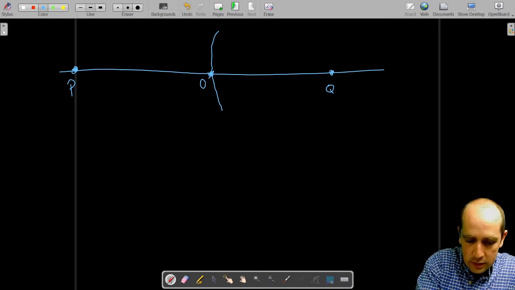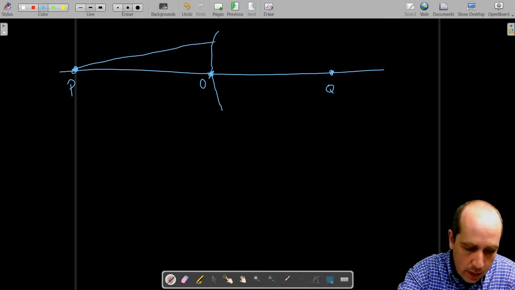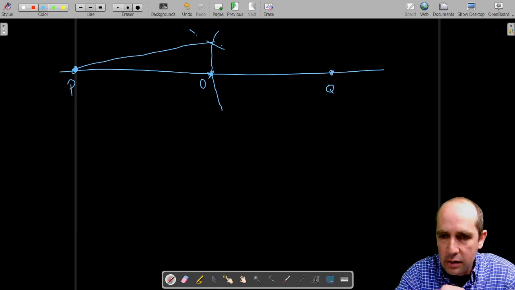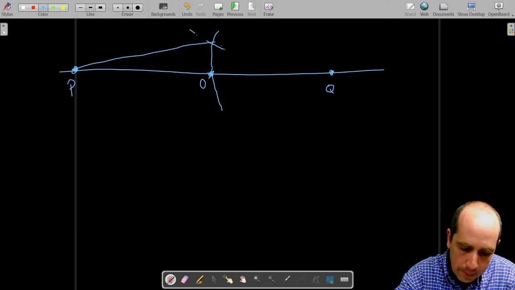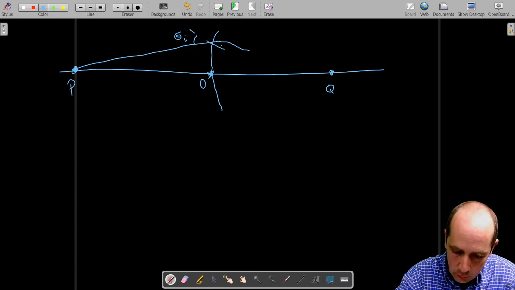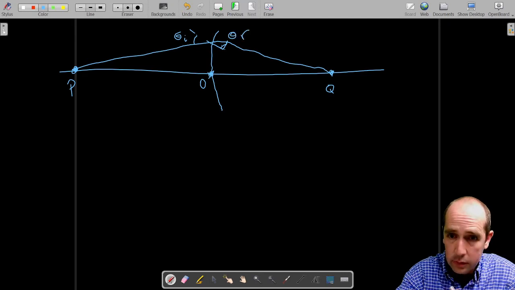The ray that emerges from P is going to go right to the surface, and there, locally, this can be seen as a plane surface, at least at that point, if we zoom in enough. Since this is coming at a certain angle, which we will call theta I, it will also refract at a certain angle that will end up sending us to Q, and that angle here will be called theta R. Okay.